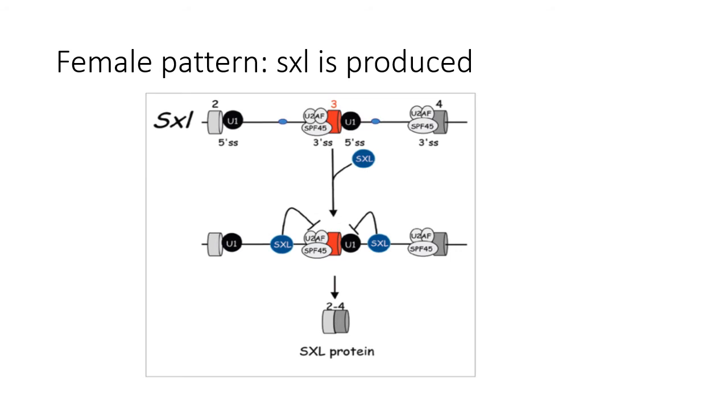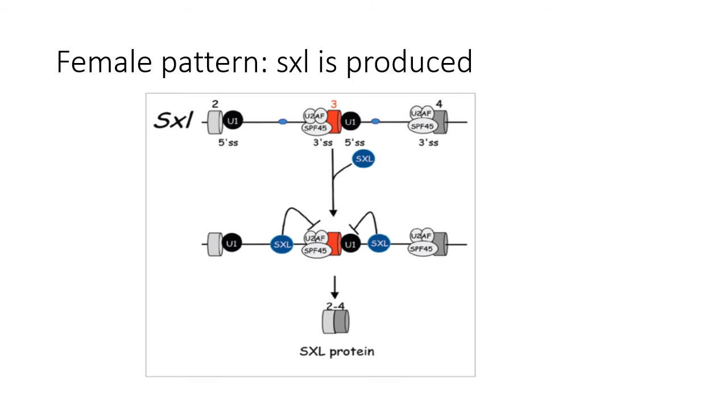Here's a better picture of what that looks like. We have the 5' splice site at the end of exon 2, ready to go to splice to exon 3. But we've got the little blue dots that are sitting there, which are binding sites for the sex lethal protein. So what happens is in early female embryos, the sex lethal protein is expressed, binds to those repressor sites. So those would be considered intronic splicing repressor sites.